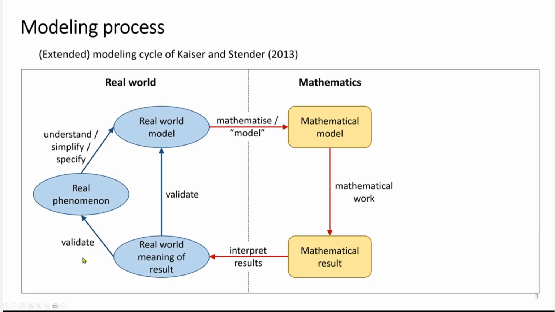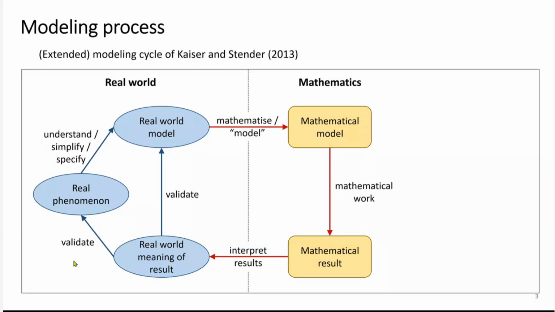All right, so before we start, let's set up some context and see what such simulation software can get you. For that, I want to use this slide about the modeling process. People started thinking about what it means to model something, and this is a schematic that I picked from Kaiser and Stender 10 years or so ago, and I extended it a little bit to fit better what we want.